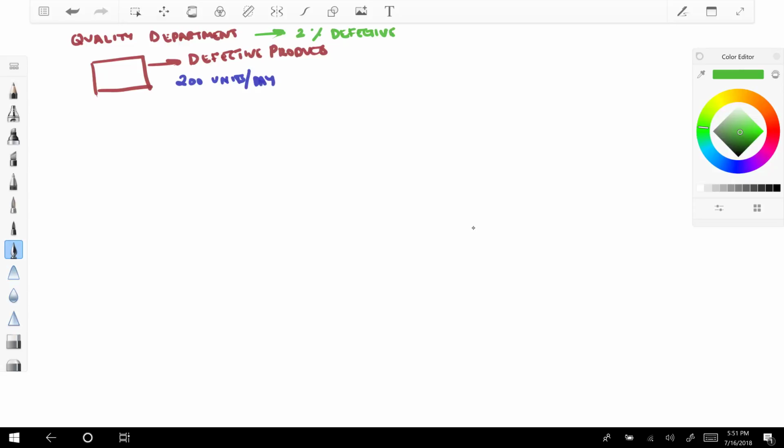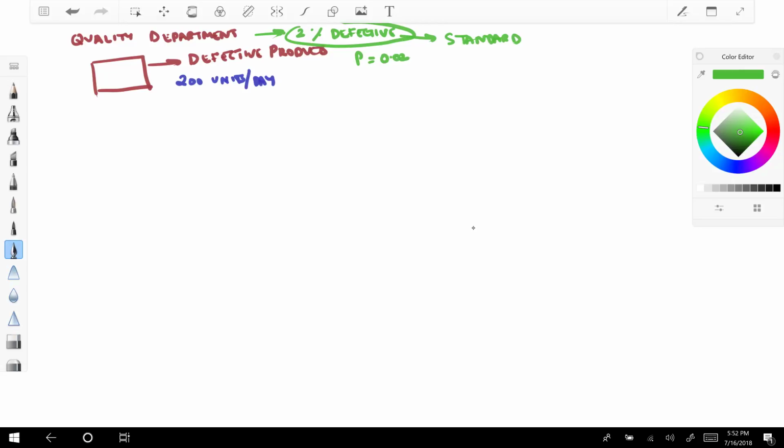So this is a standard given by the quality department. That means the population parameter P would be 2%, which is 0.02.